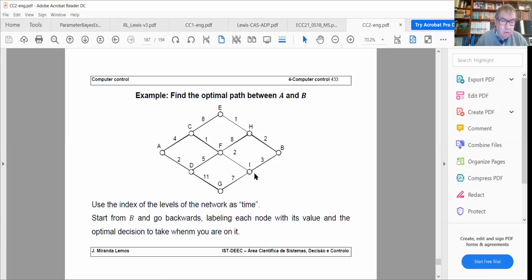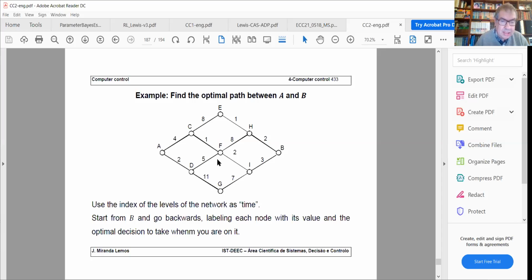So the total amount of costs that you have to compute is smaller when you use dynamic programming than when you use just brute force and consider all the possible combinations. Now, this is a very simple graph. You can do it easily. But if you have a larger graph, then you can fall into trouble.